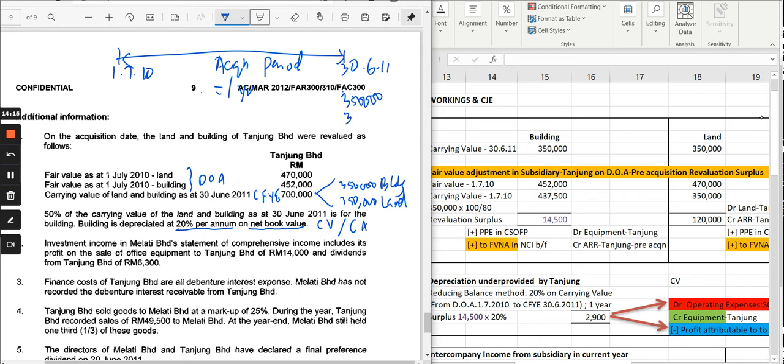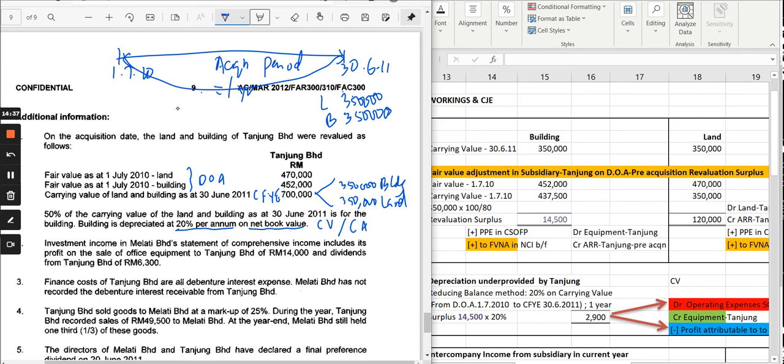Here, 700,000. Okay, and half of it belongs to each of building and land. So therefore, this one would be for land and this is for building. For land, no problem, because land is not depreciated.